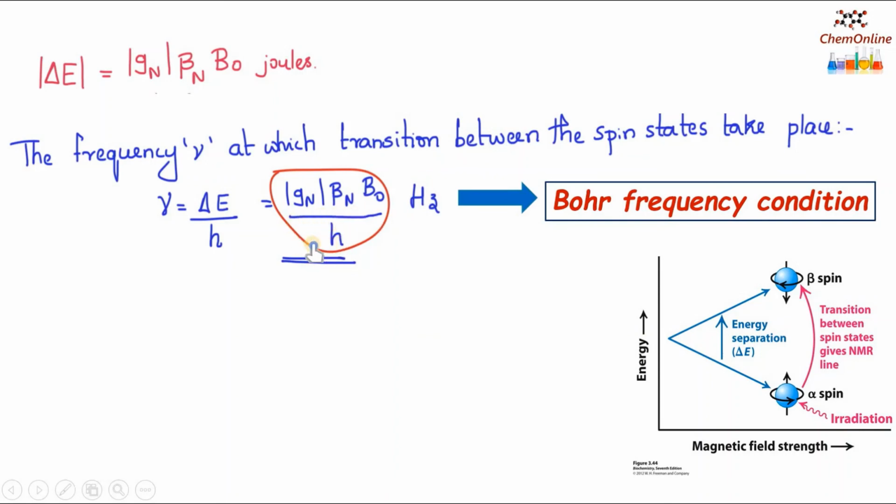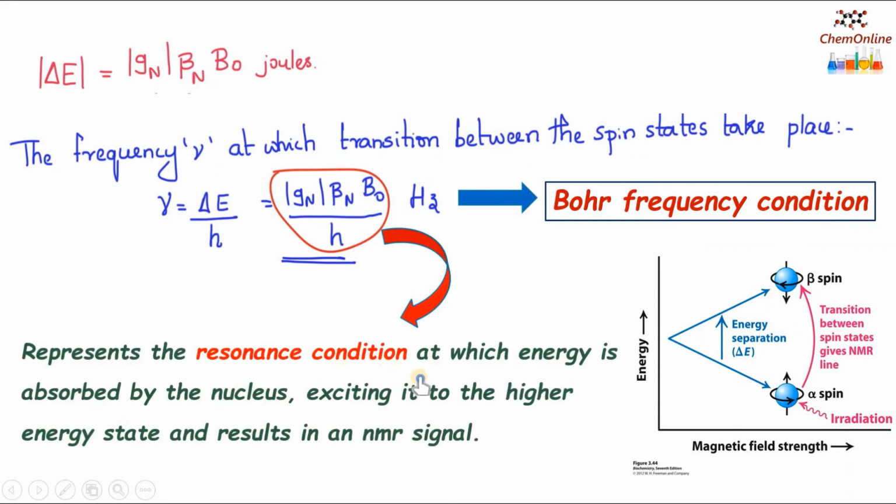Gn, beta n and h are all constants, so the frequency of electromagnetic radiation will depend upon the strength of the applied magnetic field B0. This equation represents the resonance condition at which the energy is absorbed by the nucleus, thereby exciting it to the higher energy state, and finally results in an NMR signal.